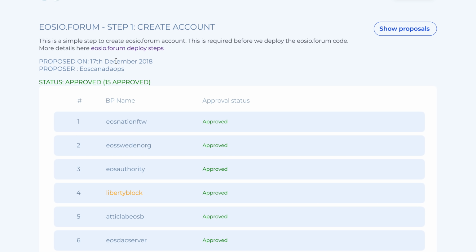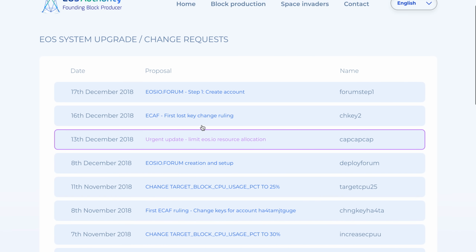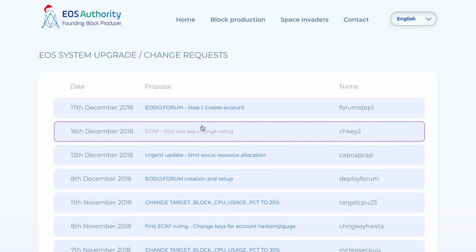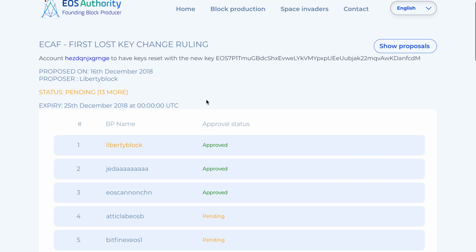And a proposal which came later, the referendum proposal creation, is definitely supported by everybody and is going ahead, while there is no support for ECAF orders. So this is showing that ECAF is losing a lot of support from block producers, and if this does not go through in the next 2 to 3 days, this proposal will not be valid, and this will be a big blow to ECAF.